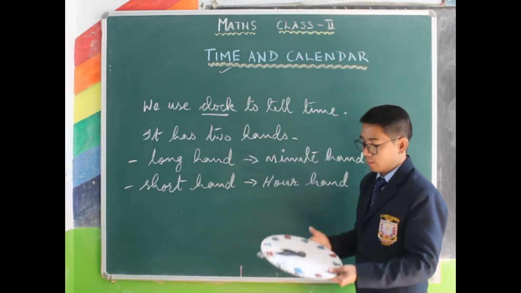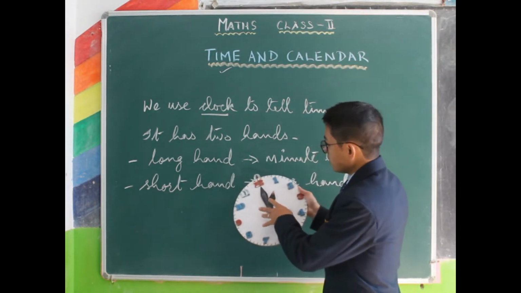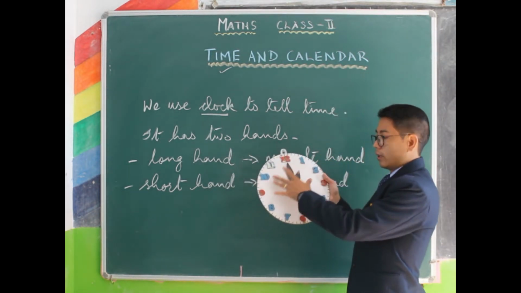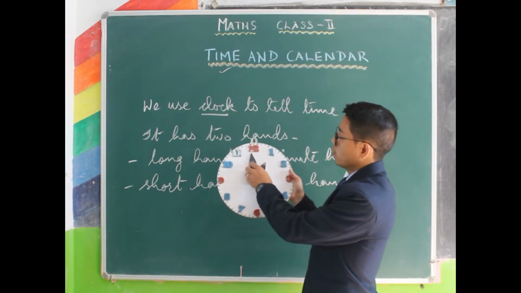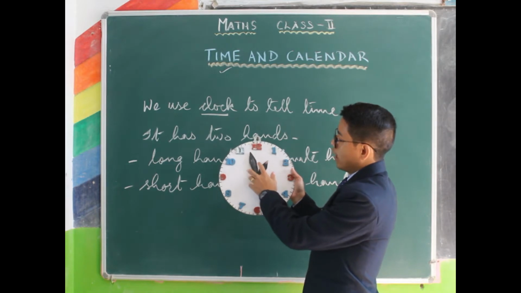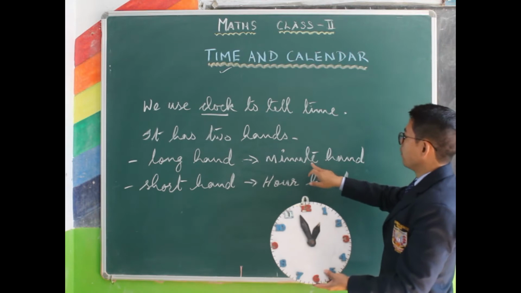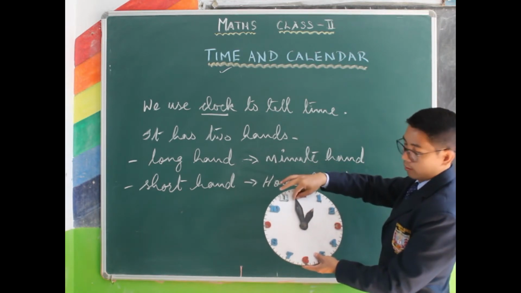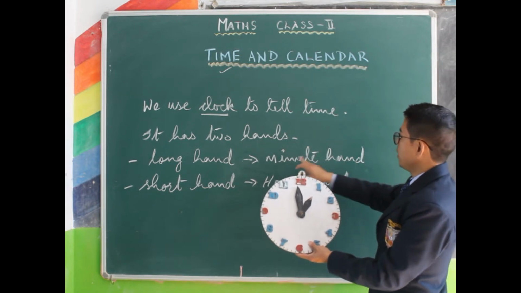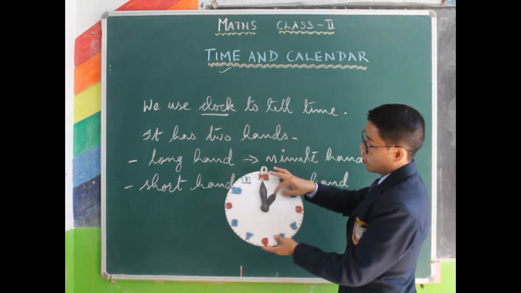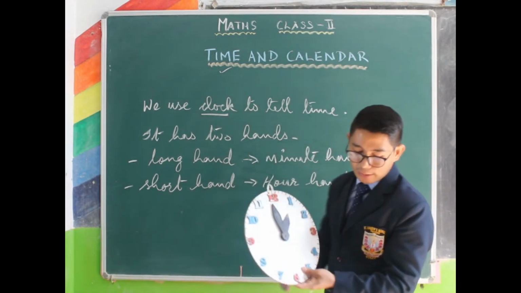Now let me show you with this clock. This is a clock face, right? So a clock has two hands, one long hand and one short hand. The long hand is the minute hand, and this short hand is our hour hand.